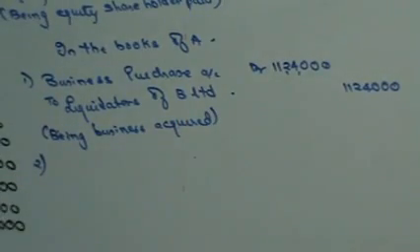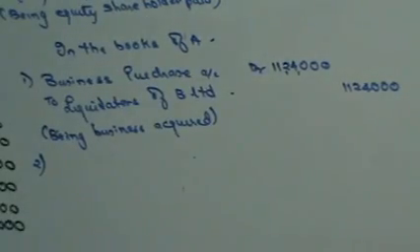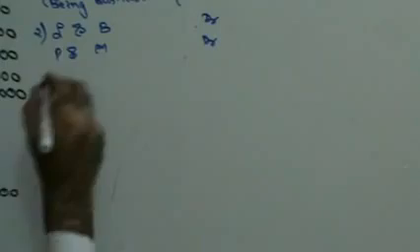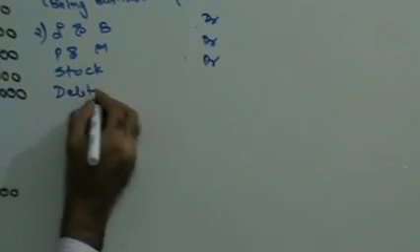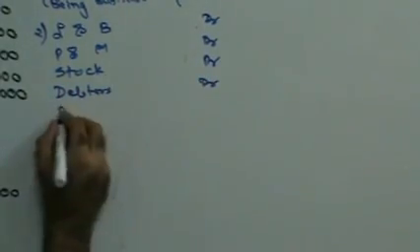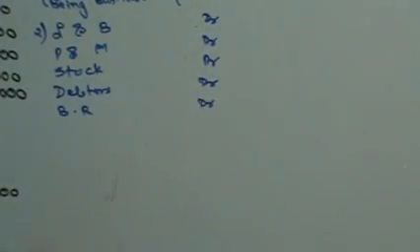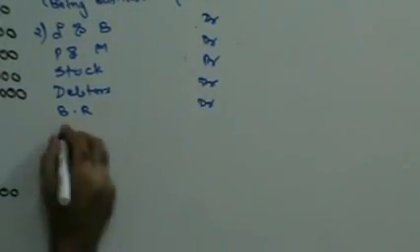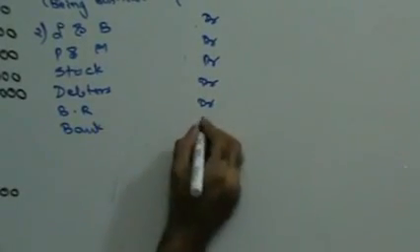Once you acquire the business, now take over assets and liabilities. So this is going to be land and building account debit, plant and machinery debit, stock debit, debtors debit, bills receivable debit, bank debit.